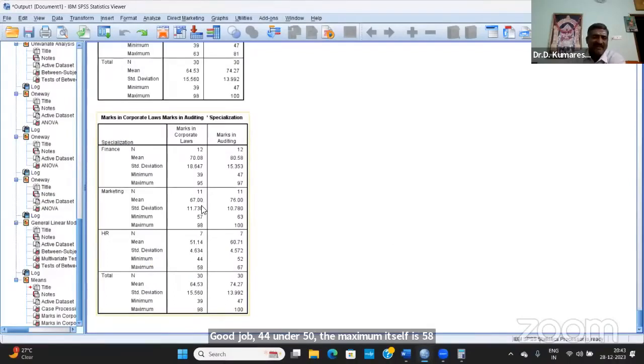See here, marketing students, minimum 57. HR students, maximum 58. That is why they have performed lesser than the other students. Then here, auditing, minimum 52, maximum 67. Here, minimum 63. Here, minimum 47.